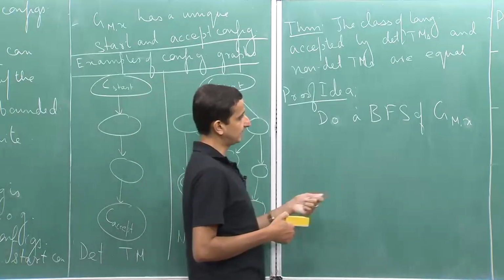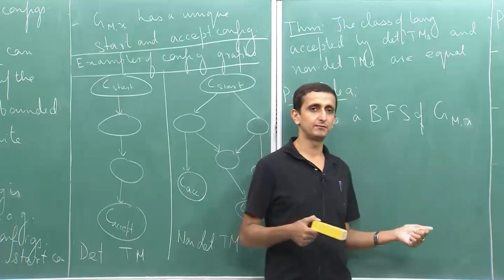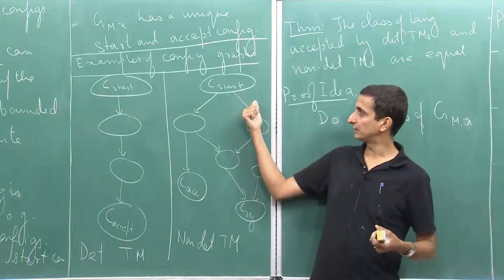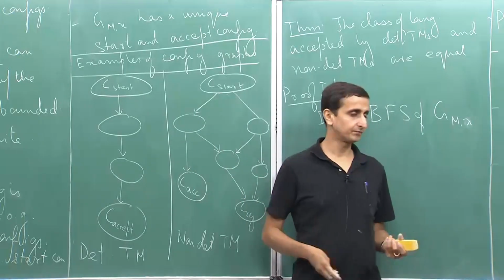Now I look at the transition function of the non-deterministic Turing machine, and I keep on computing the children of the current configuration from each configuration. Okay.